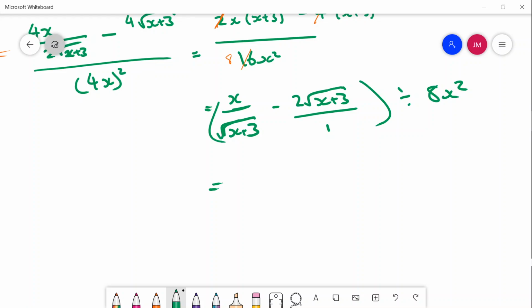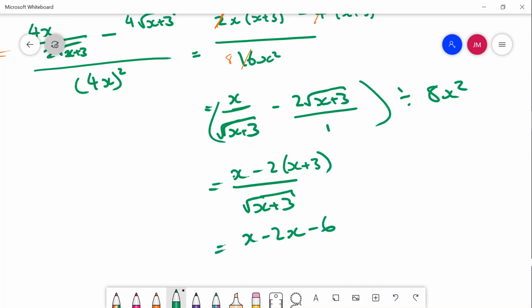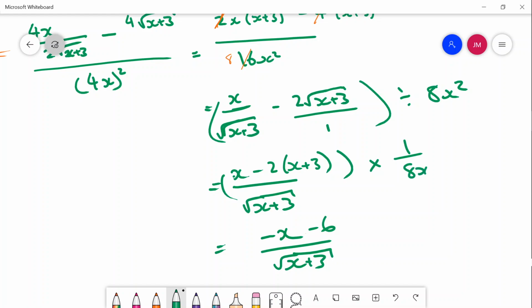I'm going to rationalize the denominator there, so I'm going to times those both by root x plus 3, which would give me, so that's still x, so that's going to be minus 2 lots of x plus 3, which is x minus 2x minus 6, so that would be minus x minus 6, all over x plus the root of x plus 3, and that's going to be divided by 8x squared, which is the same as timesing it by 1 over 8x squared.